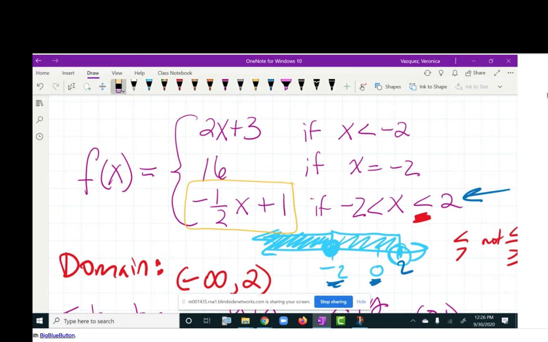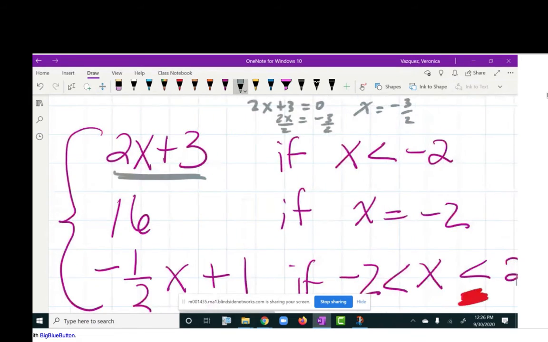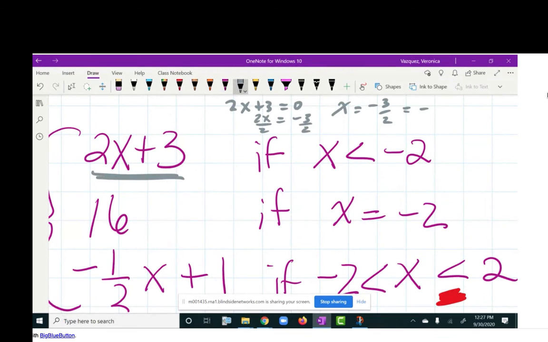First, let's look at this 2x plus 3. What value of x would cause that to be equal to 0? If 2x plus 3 is equal to 0, then 2x is equal to negative 3, and dividing both sides by 2, x is equal to negative 3 over 2, which is the same as negative 1.5.